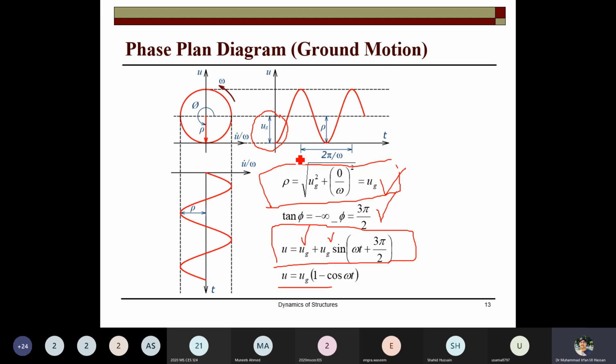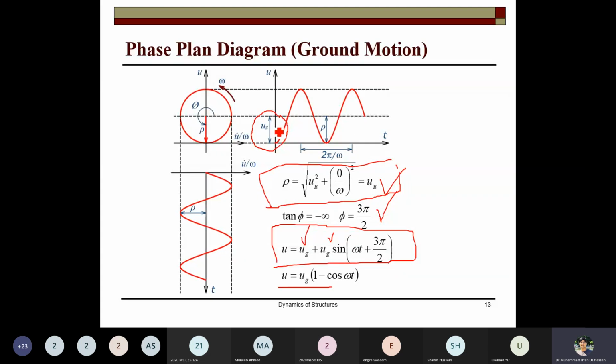The total response will not equal directly UG sine of omega t, but UG plus UG sine of omega t, because everywhere UG is added, like we have done in today's problem. The sum of the displacement has to be considered: the ground displacement plus the response of the system due to the ground displacement.